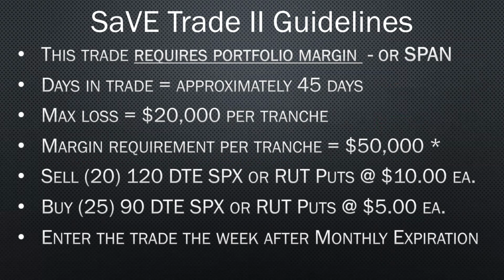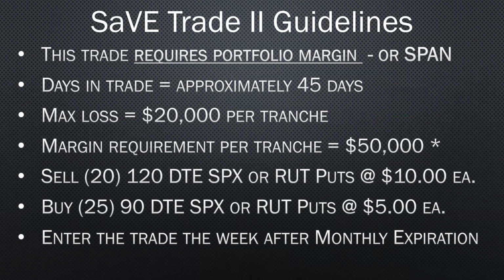When I do lose money on these trades, it is significant, but it's never been $20,000. Okay, so since we're doubling the size, instead of $25,000, I need $50,000 of margin set aside.